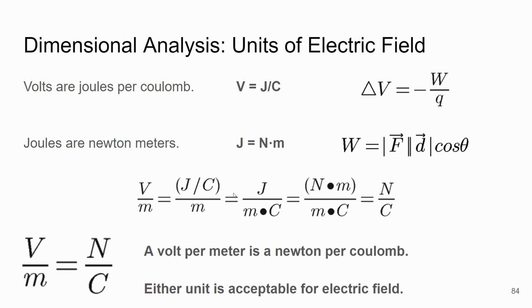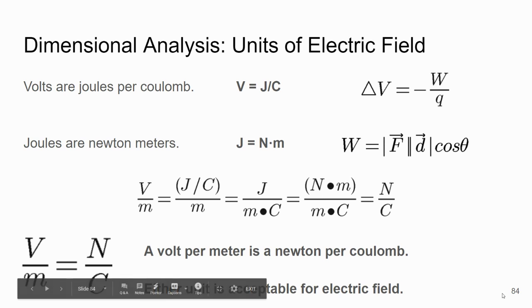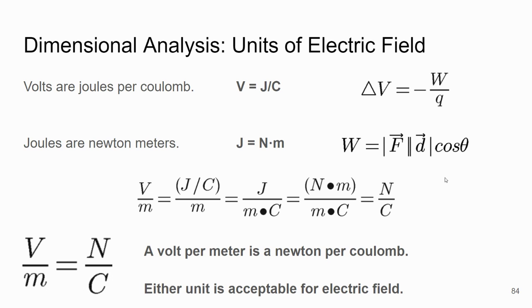You can move the C to the bottom. So this becomes joules over meters times coulombs. And then over here, we're replacing joules with newtons times meters. So now I have newtons times meters divided by meters times coulombs. So the meters cancel, and what you're left with is newtons per coulomb. So what that means is a volt per meter is a newton per coulomb.